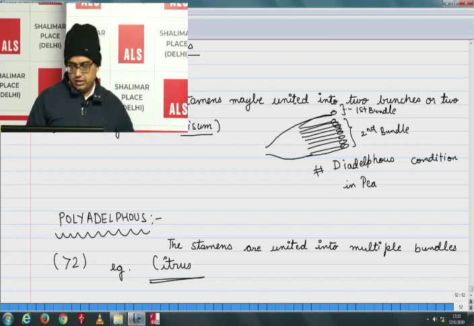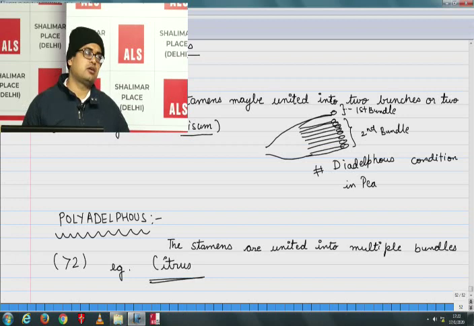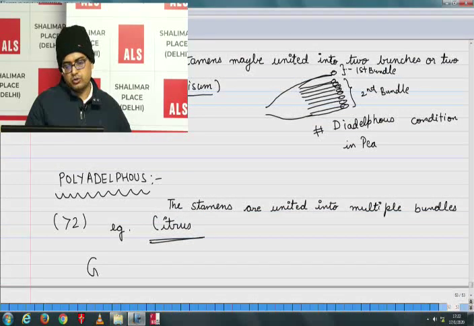So now I think a small part is remaining. So in the next class we will definitely complete it. I was thinking of completing it, but it cannot be completed today. Only families of angiosperms and gynoecium placentation remain in this chapter. Everything else is done.